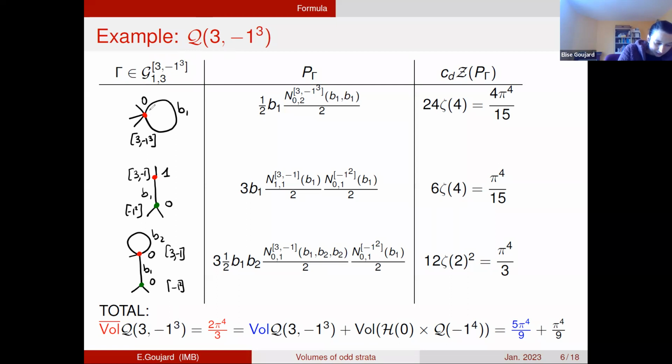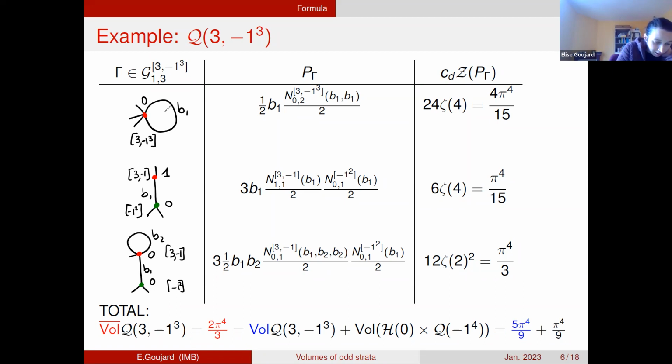And once you sum up the genus of the vertices and the number of loops, you also get 1. Then I distribute the singularities on each vertex. Here there is only 1 vertex, so all the singularities are here. Here there are 2, so I need to distribute these 2 singularities, etc. And of course, I will explain where these stable graphs come from.